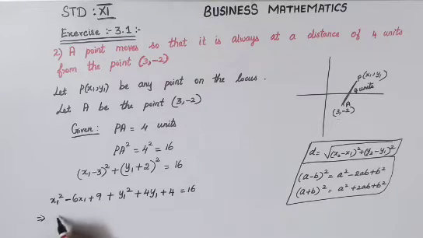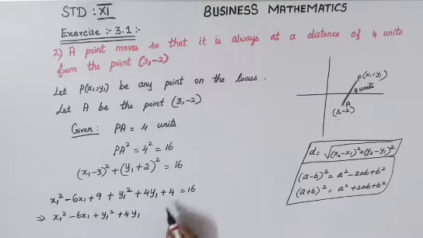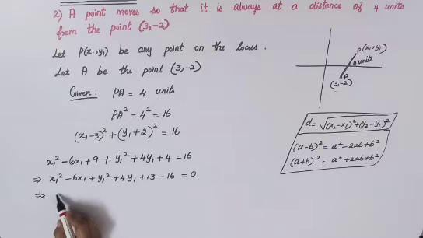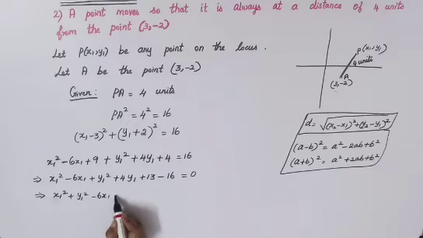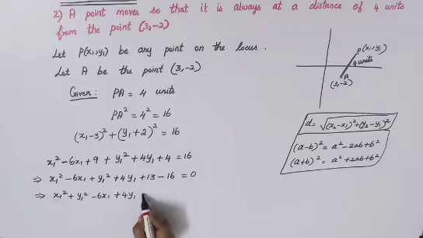So that implies x1 square minus 6x1 plus y1 square plus 4y1, and 9 plus 4 we can add and write 13. Now bring this 16 to your left-hand side as minus 16, which is equal to 0. That implies x1 square plus y1 square minus 6x1 plus 4y1, everything as it is, and here minus 16 plus 13, subtracting you will get minus 3, which is equal to 0.